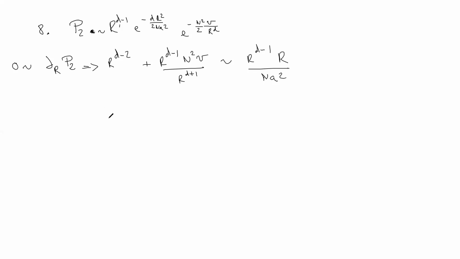Just to be clear, let me multiply everything by R2. So it's RD plus n squared V times R2, and on the other side NA squared. And again, this term is RD over NA squared times R2.